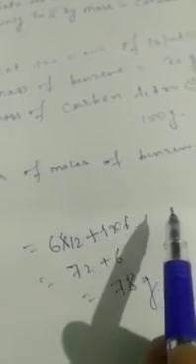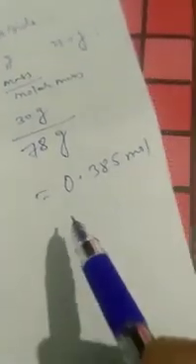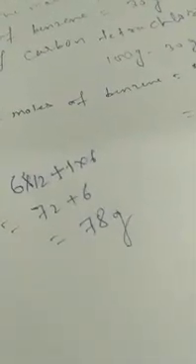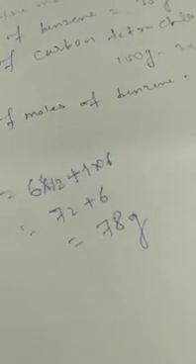After dividing, you will get approximately 0.385 mole. This is the number of moles of benzene, which is equal to 0.385 mole.